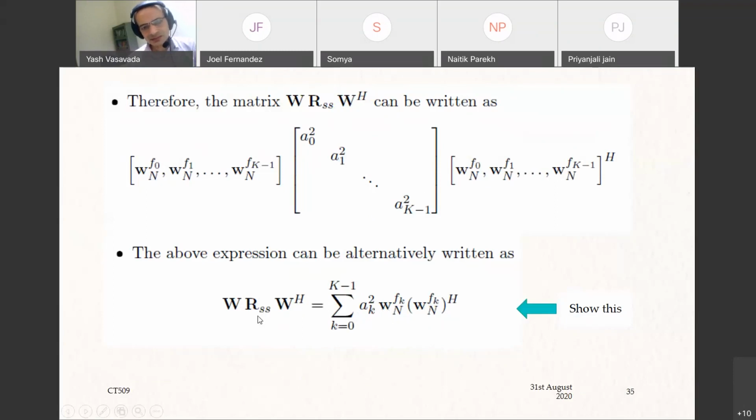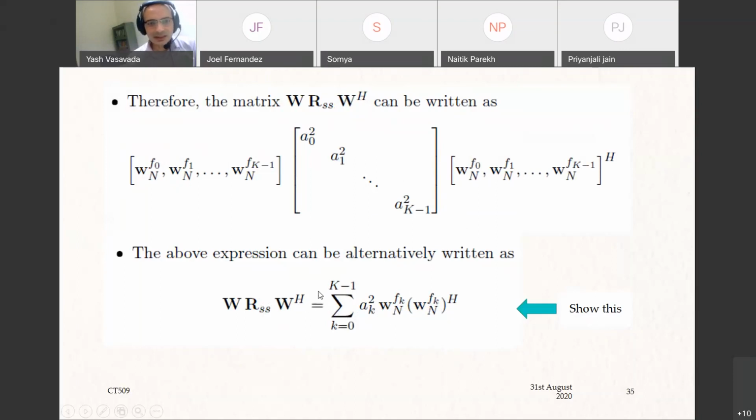By the way, here, if this RSS wasn't present, then all that will happen is this A of k will disappear. And you will get W W Hermitian as just the summation of these k column vectors multiplied by their Hermitian transpose. So this is a general equation.